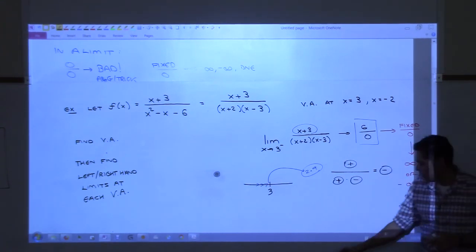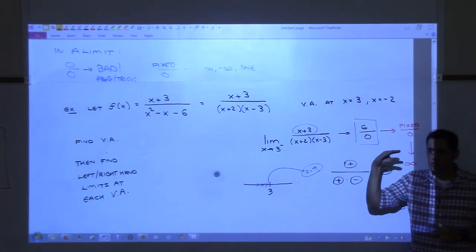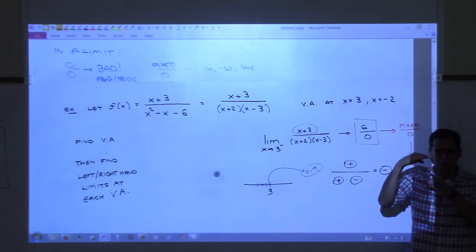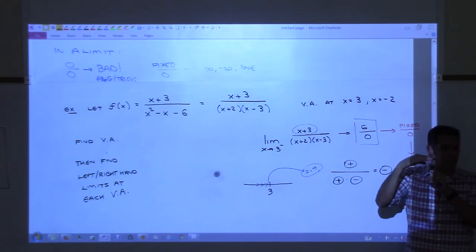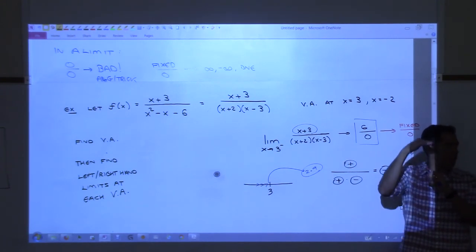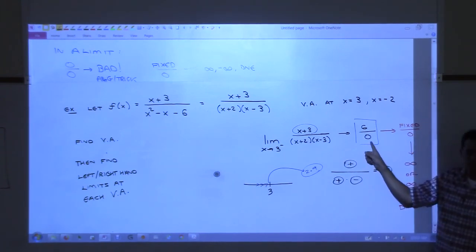This is fundamentally important, that you understand what this is telling you. The numerator is going to a fixed number. The denominator is shrinking. That can't oscillate, because to oscillate, something like the numerator would have to get bigger and then smaller, and bigger and then smaller, so that the whole function moves up and down. But this is telling me that's not happening.